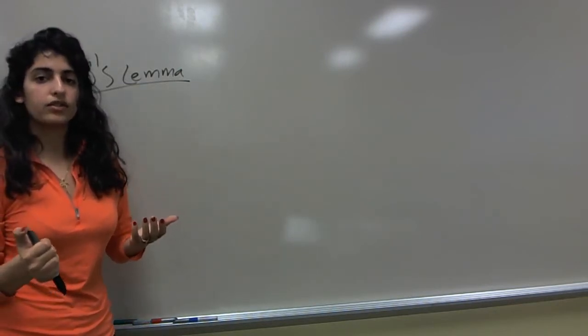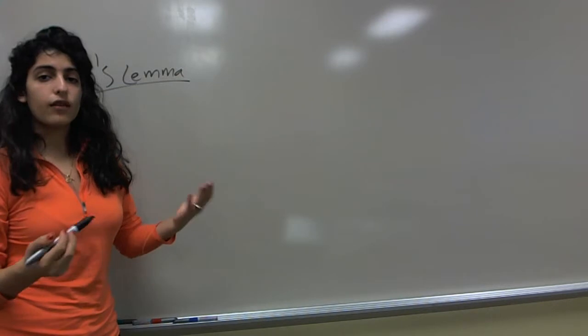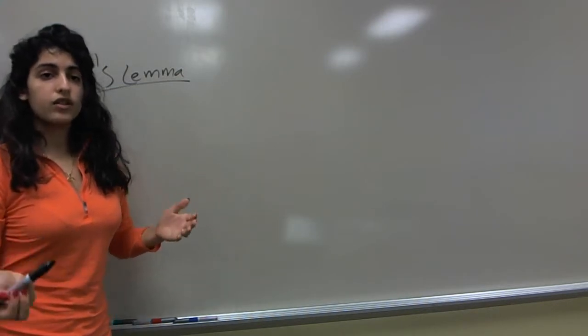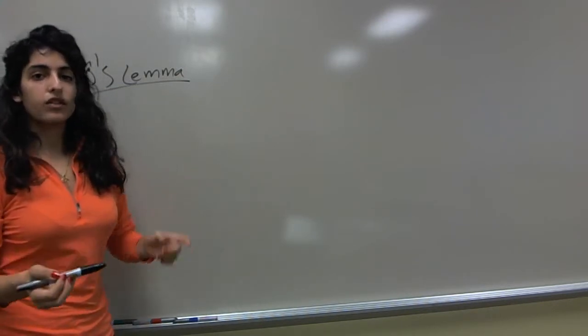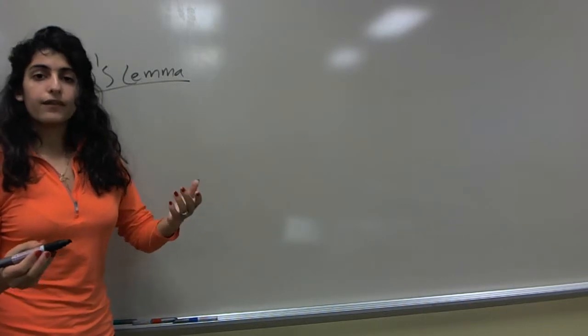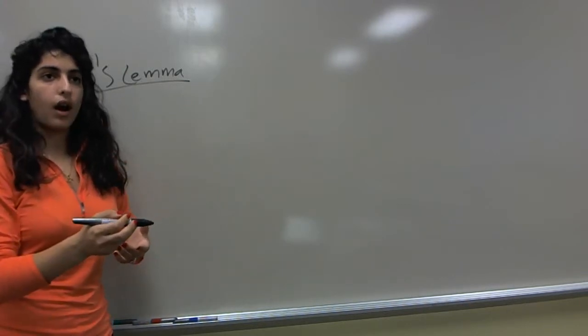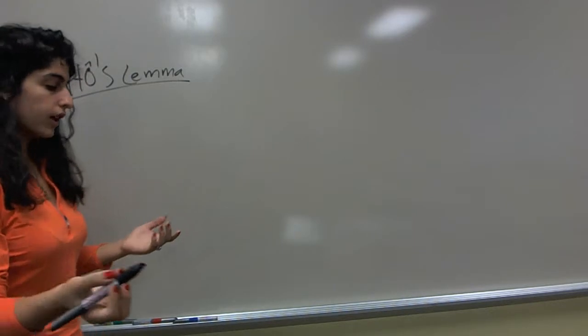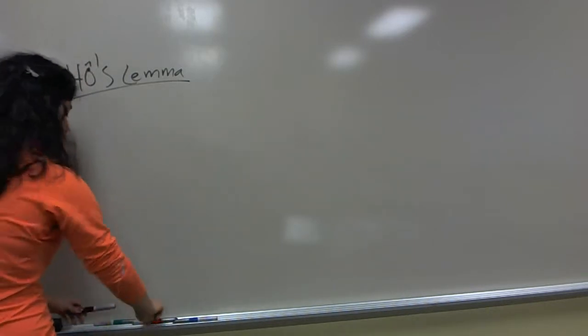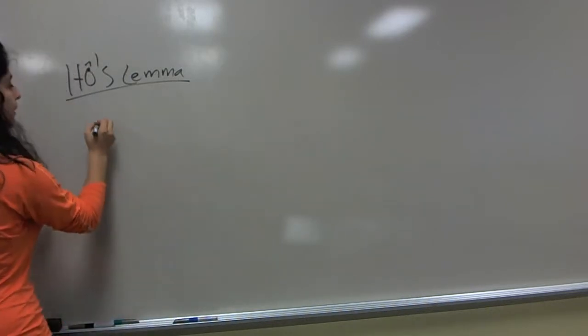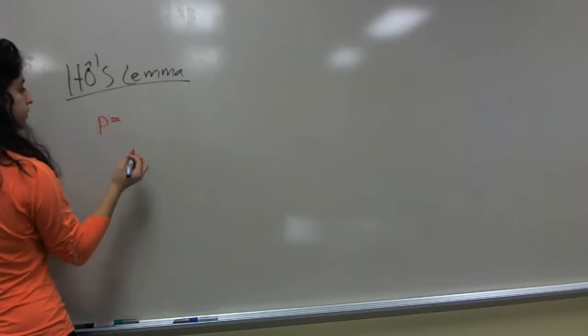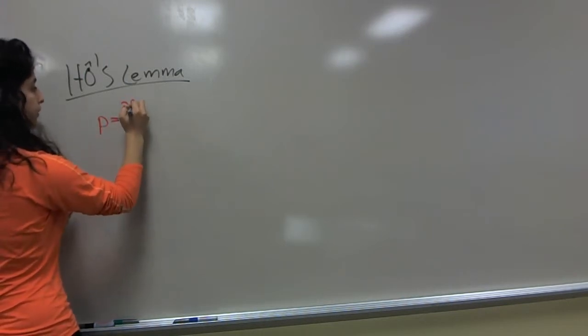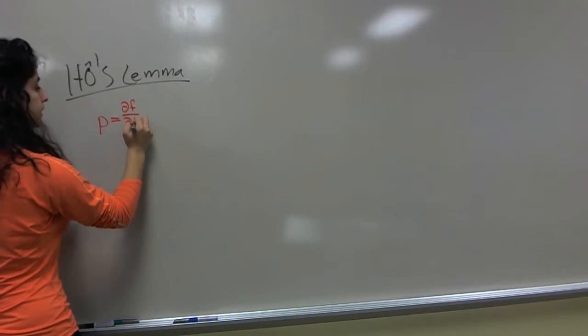And what we're doing with partial derivatives, if you have a function with several variables, is you find its derivative with respect to one variable, and then from there, you just leave the other variables as constants, okay? So then, through Ito's lemma, we find that P is equal to ∂F/∂t plus ∂F/∂S times A plus 1/2 ∂²F/∂S² times B squared.